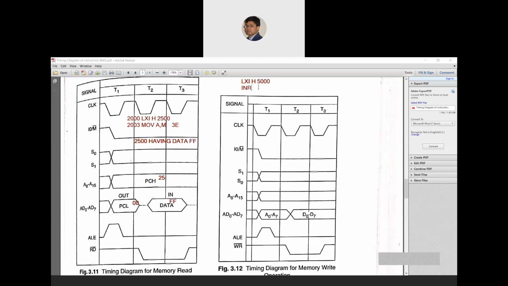Then I am using INR M. So if I take this example that has LXI H at the first one, then INR M, you have written the LXI H in the 2000 location, and you are writing the INR M at 2003 location.